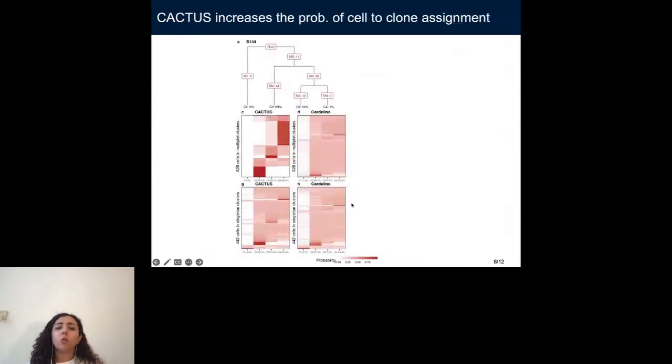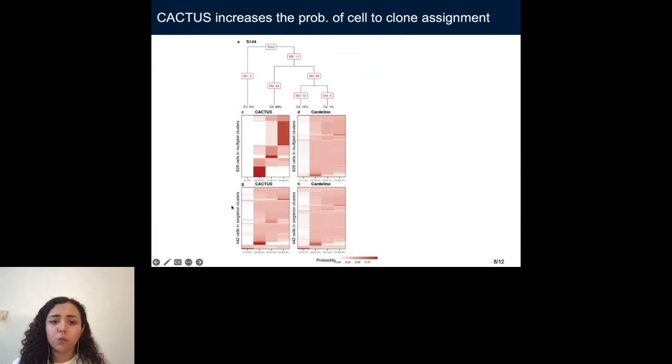And here I will show you the results of CACTUS and Cardelino. Actually, this is the results of probability of the assignment. Firstly, in the first row, I show the evolutionary tree. And in the second row, you can see the probability assignment for the multiplet clusters, the clusters that have more than one cell inside of them. And the third row is corresponding to these clusters that have only one cell inside of them, which we call singleton.